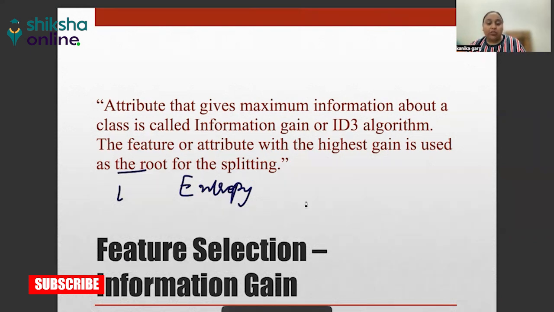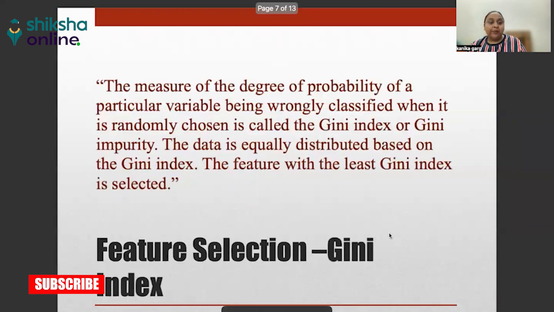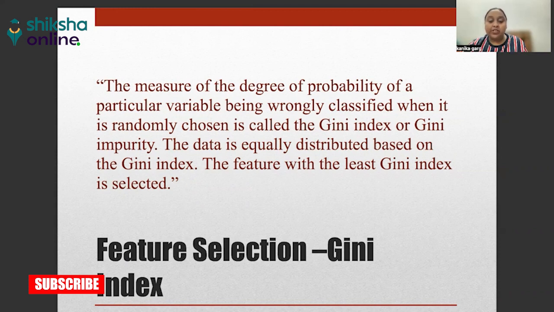Whereas, let's see about the Gini index. Now, Gini index is a measure of impurity, which is used in decision tree algorithms to determine the most informative feature for splitting the data. The key feature is that it measures the probability of a particular feature being classified incorrectly when chosen randomly.